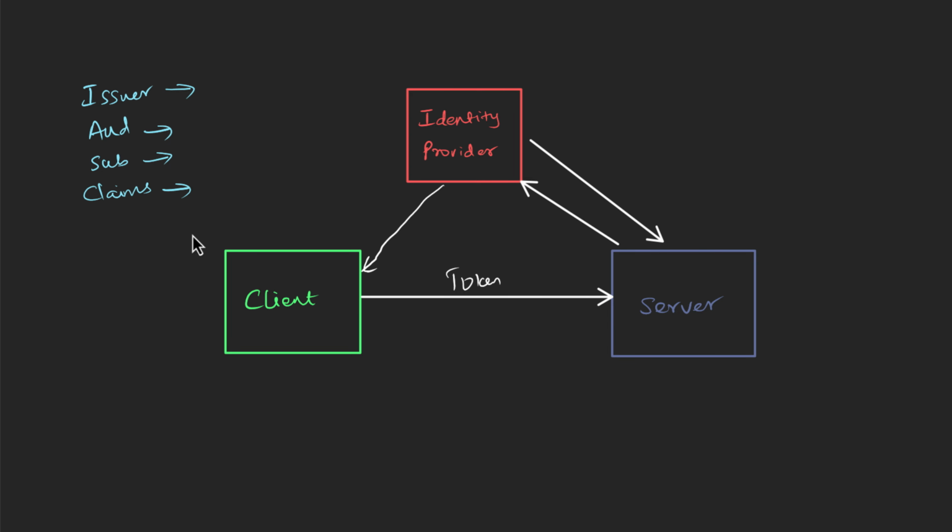Okay. So now the JSON Web Token is nothing but a string made up of 3 parts. It has a header, a payload, and a signature. All these 3 parts are separated by a dot. Now both header and payload are nothing but valid JSON which was base64 URL encoded.